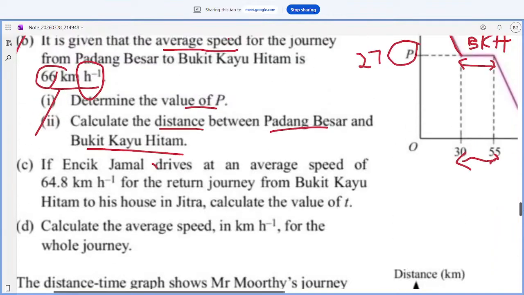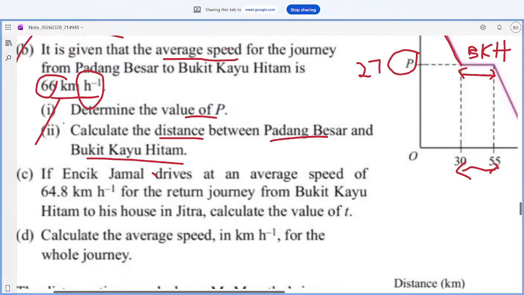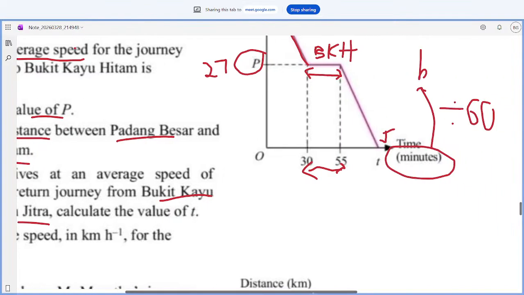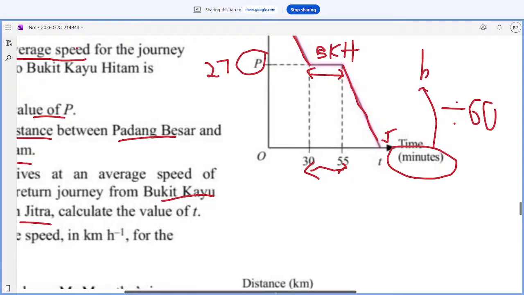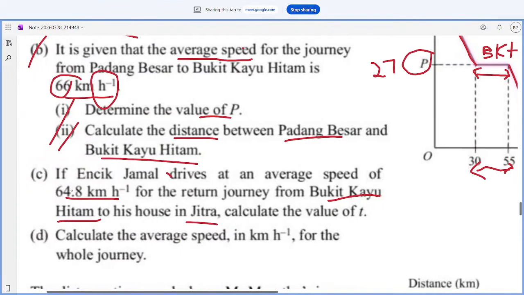Okay, so for part C, they say that Encik Jamal drive at an average speed of 64.8 Bukit Kayu Hitam kepada Jitra. Okay, so again, same concept lah guys. You need to use the gradient. Now we focus this one. Okay, so basically 27 minus 0 over T minus 55 bahagi 60 equal to your speed 64.8. So you guys boleh selesaikan lah yang ni.